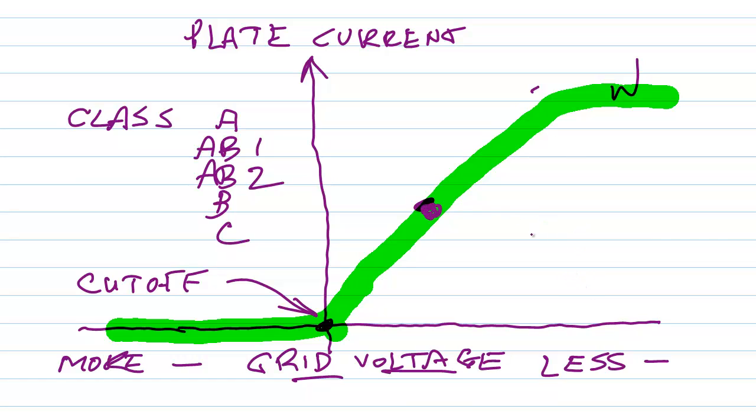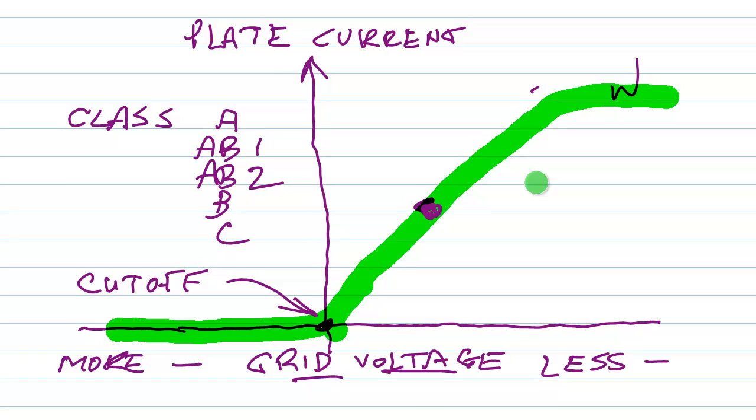That is Class A operation, and if you apply an input signal, the waveform will go up and down like this as the grid voltage varies with the input signal. And assuming that you don't have too powerful an input signal, you will always stay on the straight line portion of that curve.